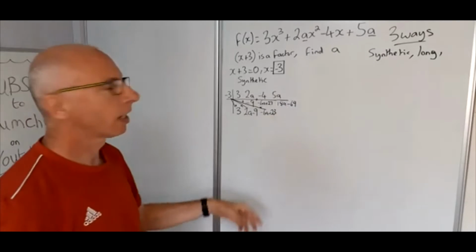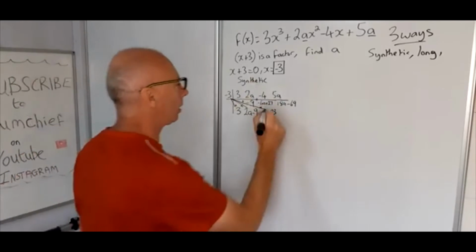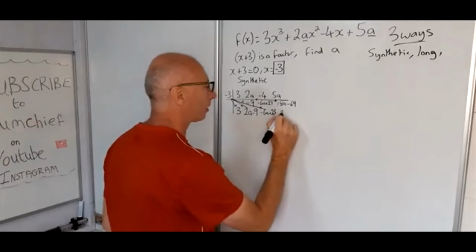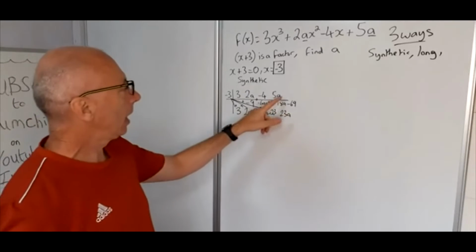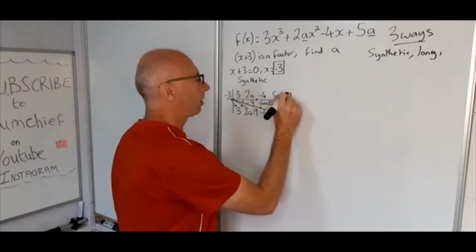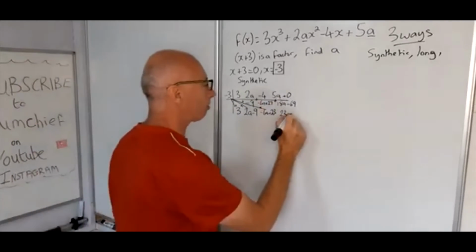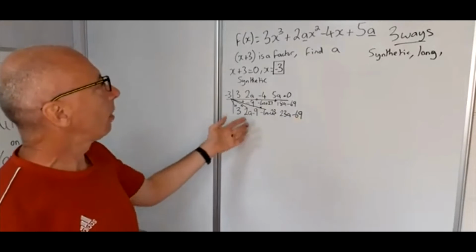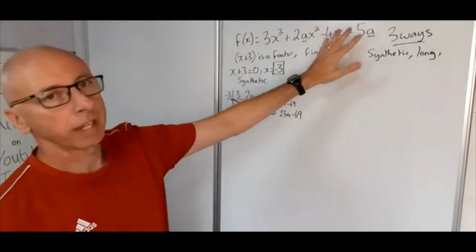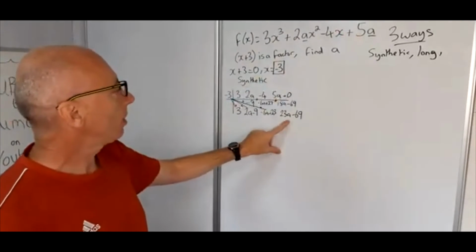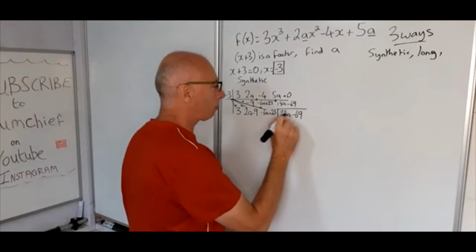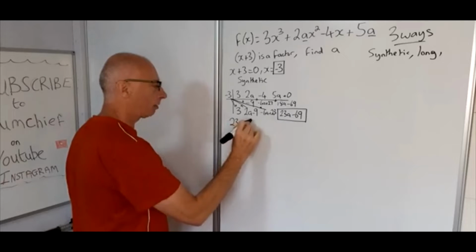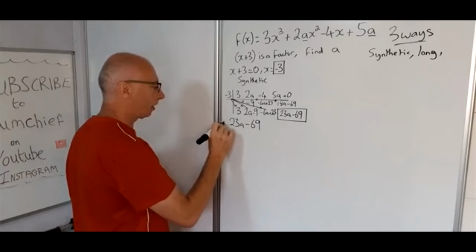Okay, now we add them again, and this is going to be given as our last term. So now we've got 23a, and we've got basically a 0 there. So 0 plus minus 69 is minus 69. Now what we do know is that this polynomial here is factorable, so this effectively becomes our remainder. 23a minus 69 is our remainder.